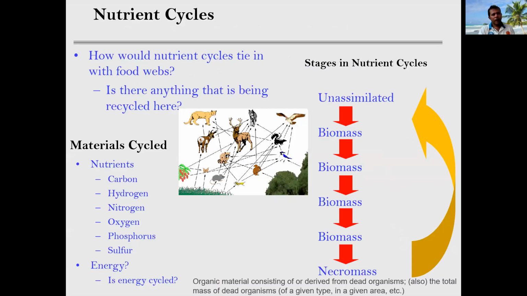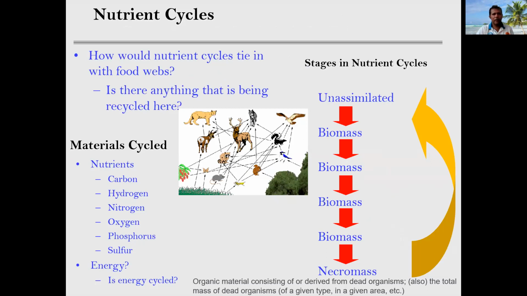The other important things in an ecosystem are the nutrients and the energy, and particularly the nutrients. These two components are very important.